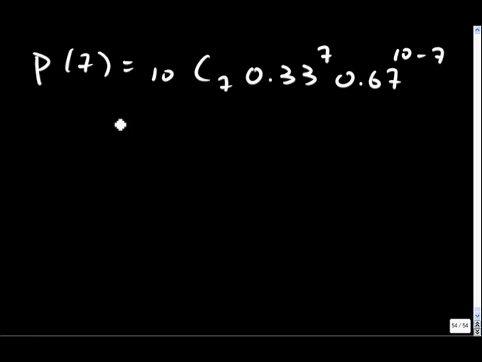This is going to be 10C7, 0.33 to the 7, 0.67 to the 10 minus 7, which is 3.